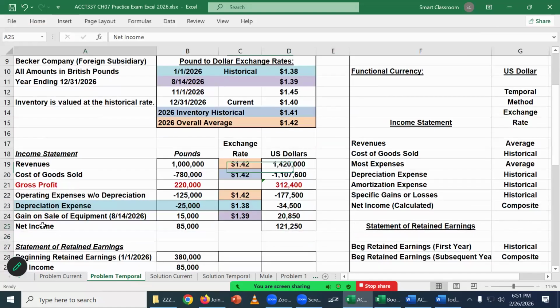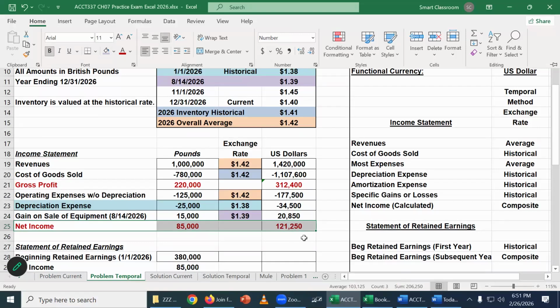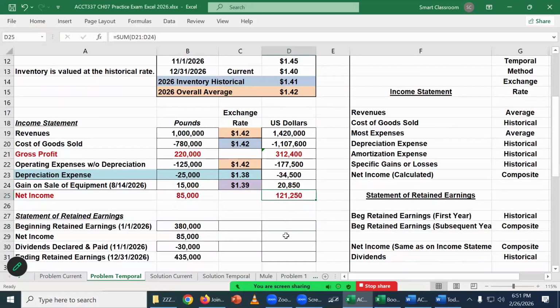And so this will be our net income. And this net income will come down to here. Oops, doesn't do that. So this is the same net income.